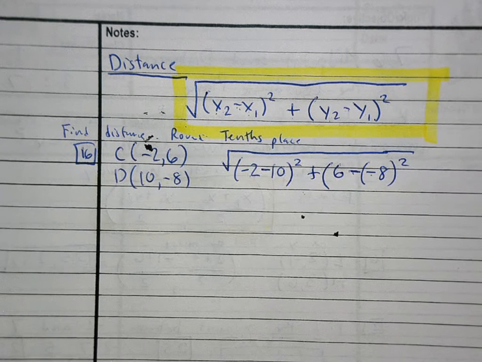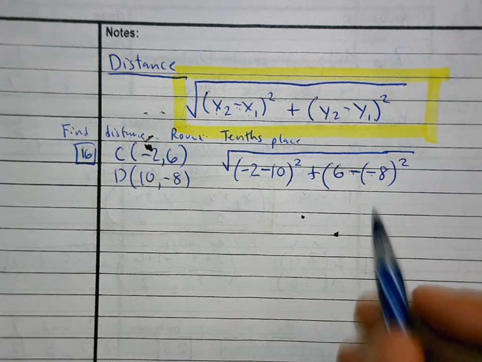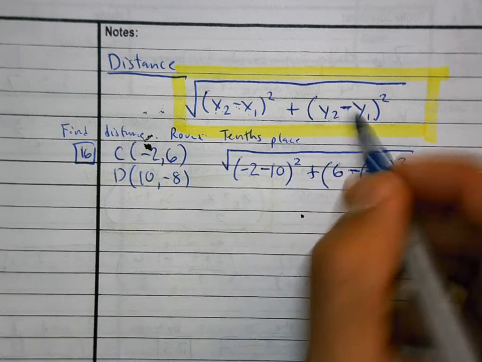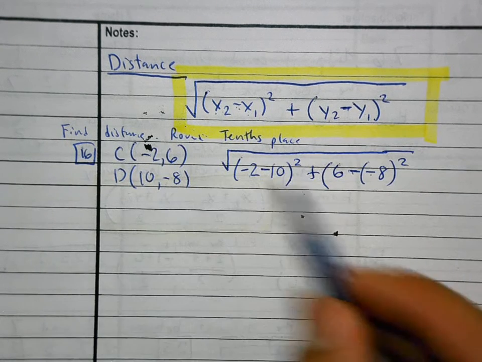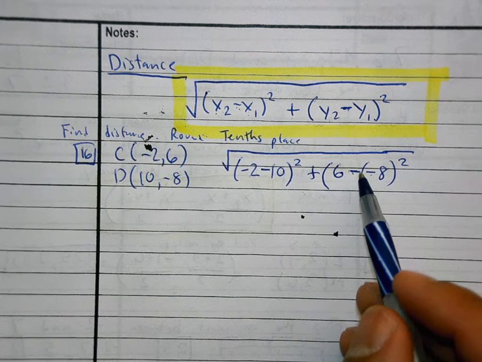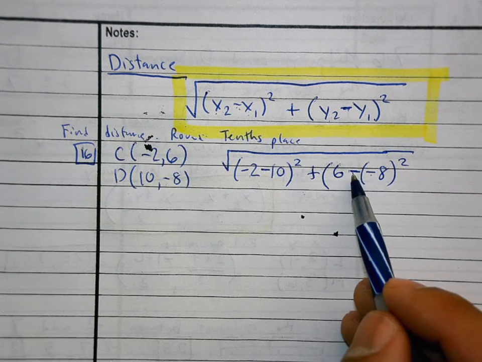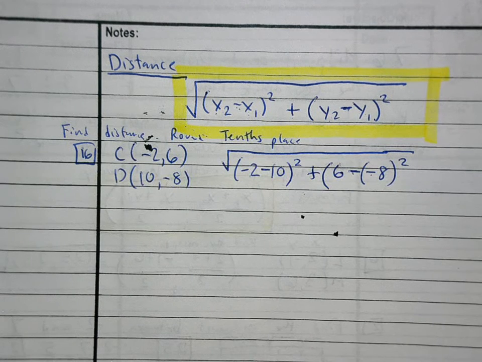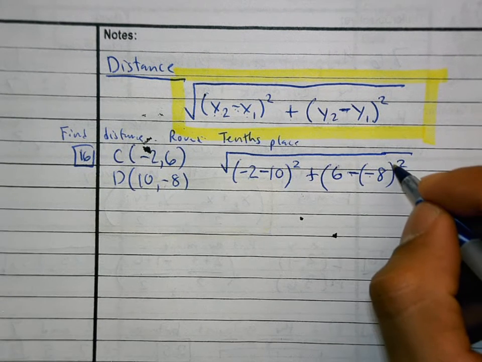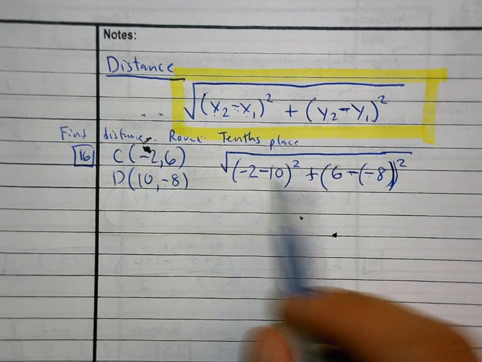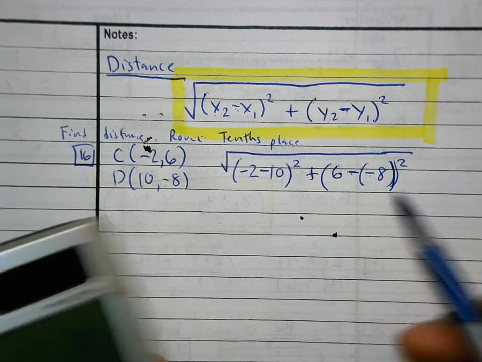The reason they mess this up is that they see a subtraction sign here and think, oh, I already have a subtraction sign, so they put 1. But having 2 does something. It changes these signs. Subtracting a negative means doing the opposite of a negative, and that makes it a positive. Okay. So with that being said, I'm going to recommend that you type this whole thing into your calculator.